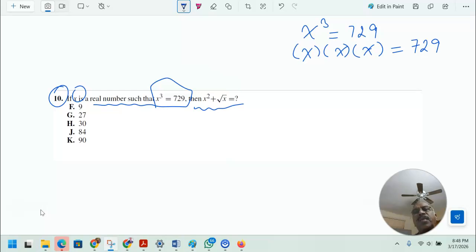So we'll have to see, hey, what is 2 cube? We know 2 cube is 8, 3 cube is 27, 4 cube is 64.